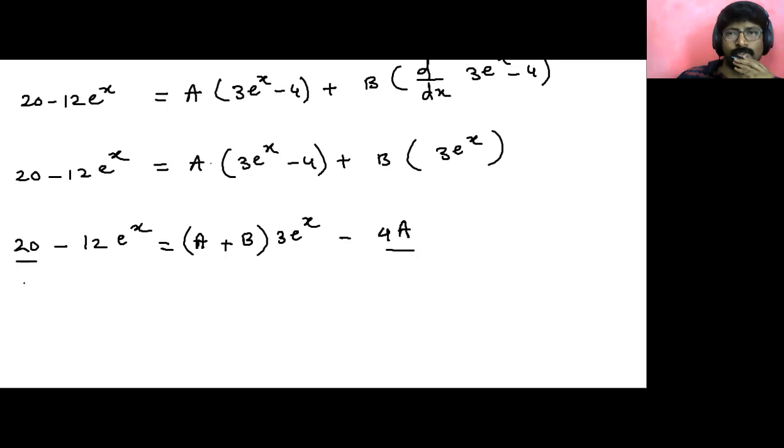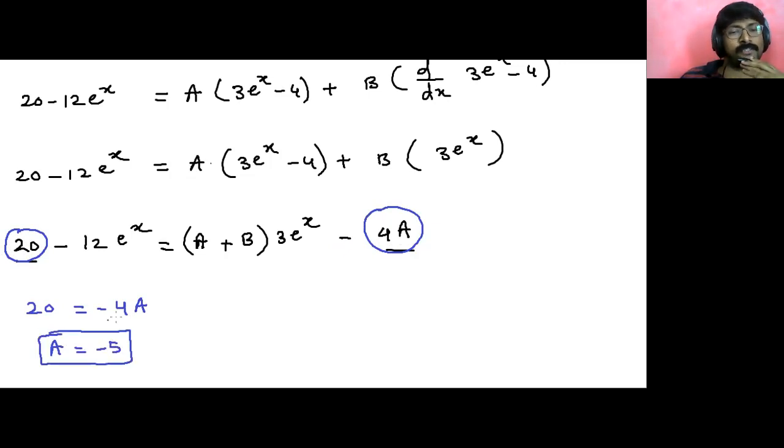The constant on the left hand side is 20 and on the right hand side is negative 4a. So I'm writing 20 is equal to negative 4a. So we got the value of a as negative 5. I hope you got that.